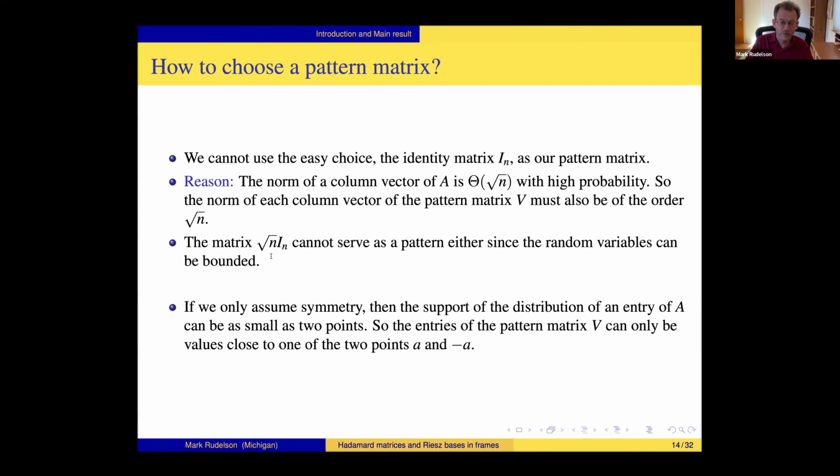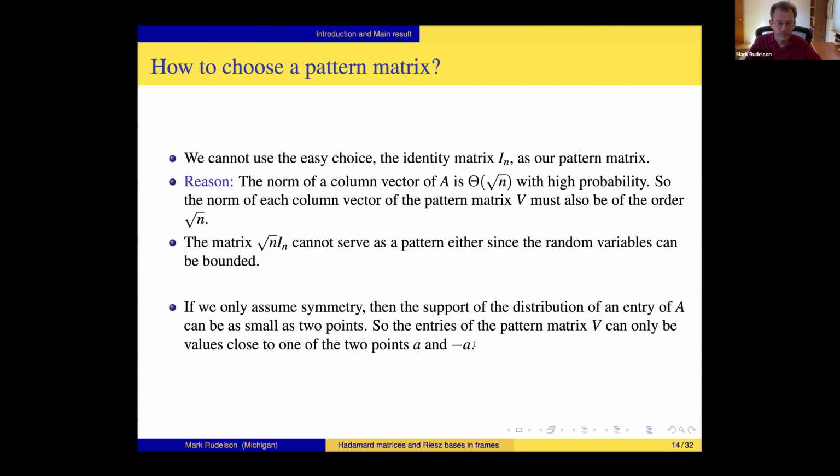And then if you want to find a random vector which is close to the column of the pattern matrix, then this pattern matrix must have values very close to 2 points, a and negative a. Of course, rescaling would make a and negative a 1 and negative 1.